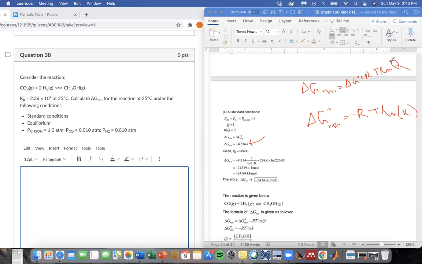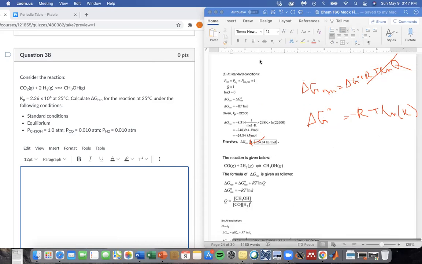And so you just have delta G reaction equals delta G standard. So you can plug in your delta G reaction into this equation under standard conditions. And so for standard conditions, you get a delta G value of negative 24.84 kilojoules per mole.